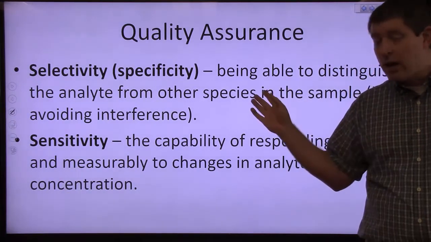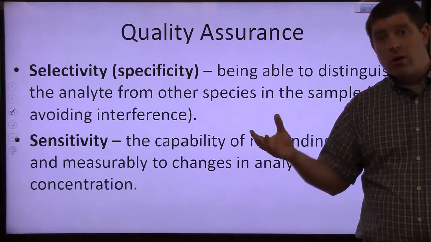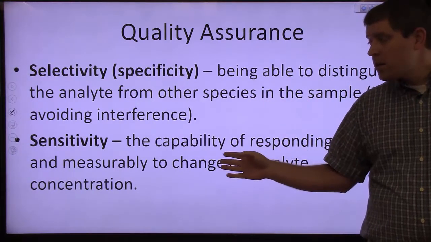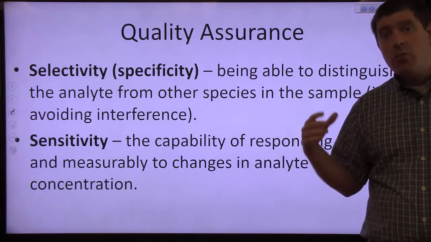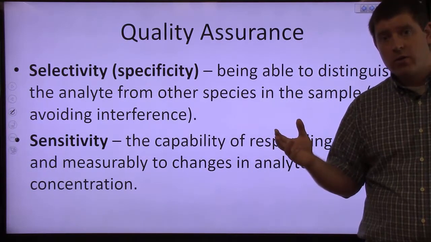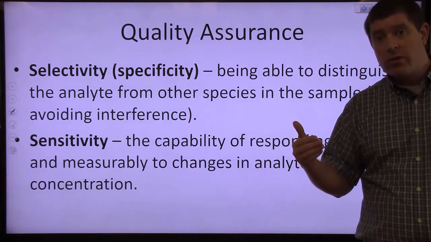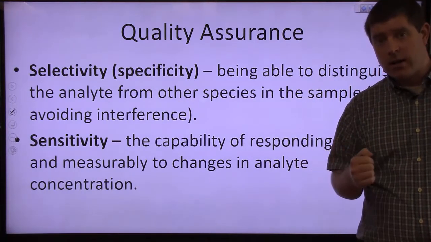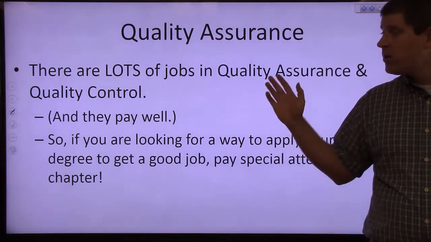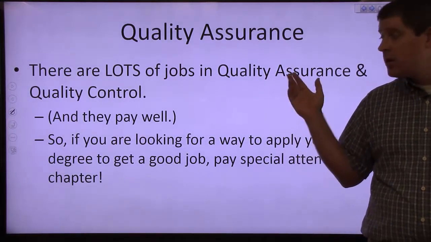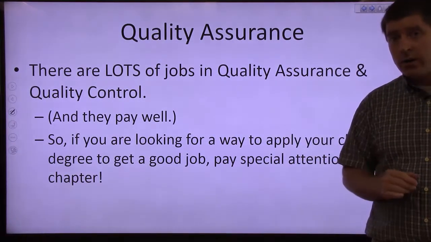So the more selective it is, the fewer interferences there will be. And sensitivity is how much your analysis changes, or how much the signal changes, when you get a real change in your analyte concentration.